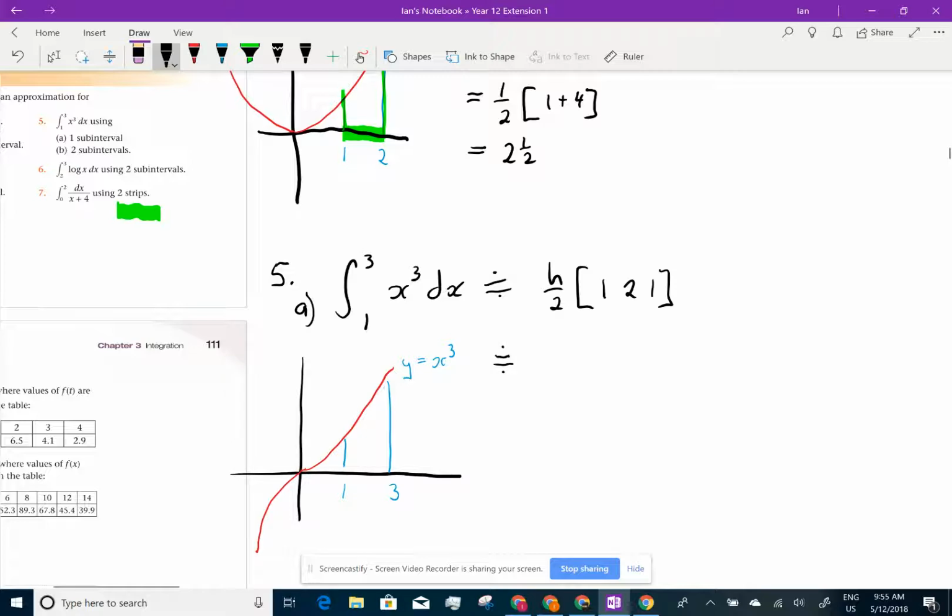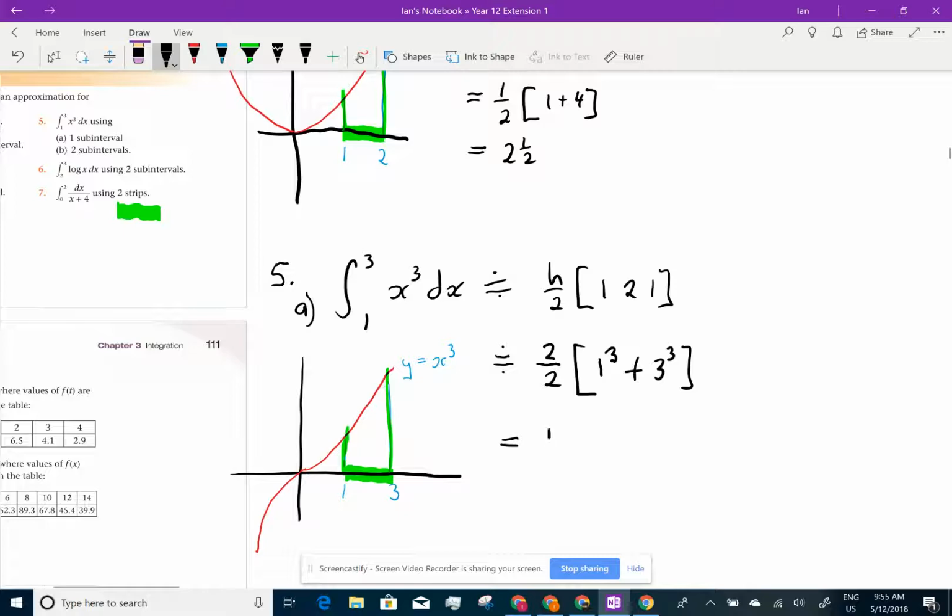So what's the height? Well, the height, remember the height is this distance here. And it's 2 units. You can go 3 minus 1 and get 2. So it's 2 on 2. And then I've got to find the parallel sides. So that's that one and that one. Well, that's pretty easy. That's 1 cubed plus 3 cubed.